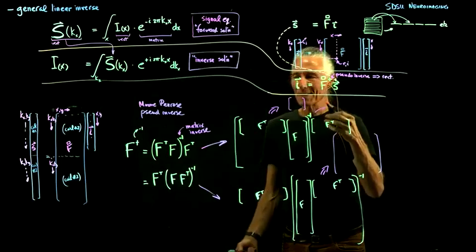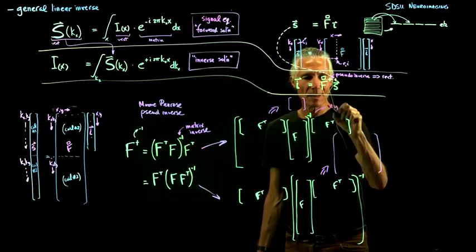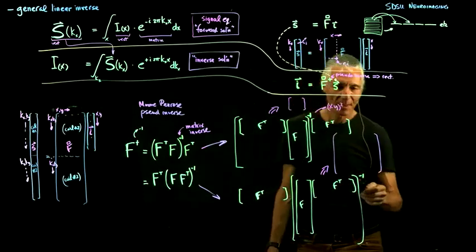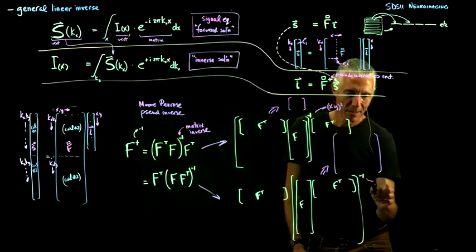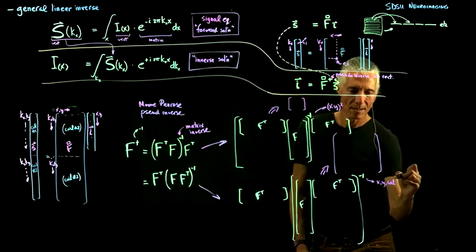So the number of operations that we need to do is like x times y squared, that's the number of entries in that matrix. In this case, it's going to be x times y times coils squared.